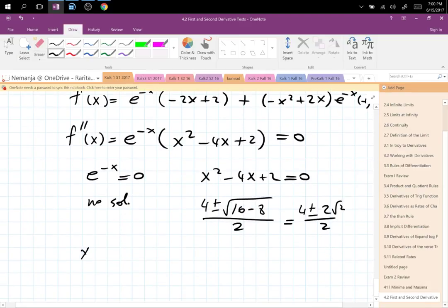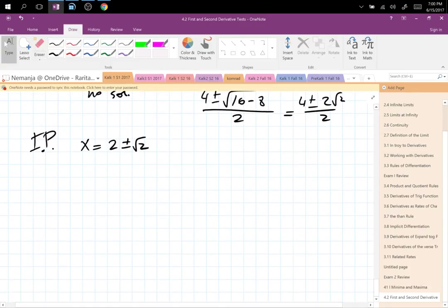So we get inflection points, the IPs, at 2 plus or minus root 2. We have no vertical asymptotes in this case, so our partitioning is done: 2 minus root 2, 2 plus root 2, from negative infinity to positive infinity.